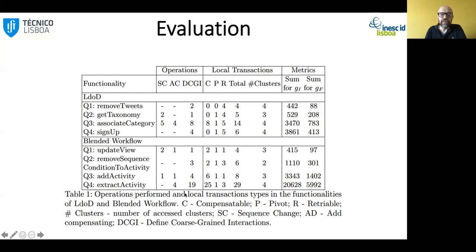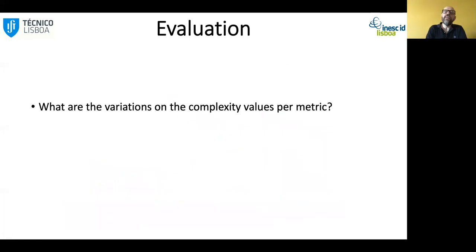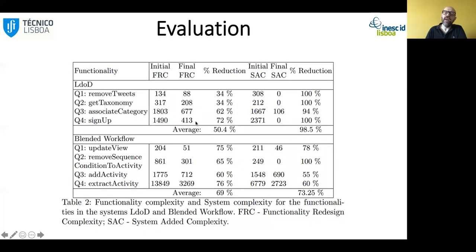Another interesting thing that we observed is that the coarse-grained interaction is one of the most used operations, which means that monoliths are implemented using the object-oriented paradigm. Then we have done a deeper analysis of the variations on the complexity measures, and we see that it depends a little bit.